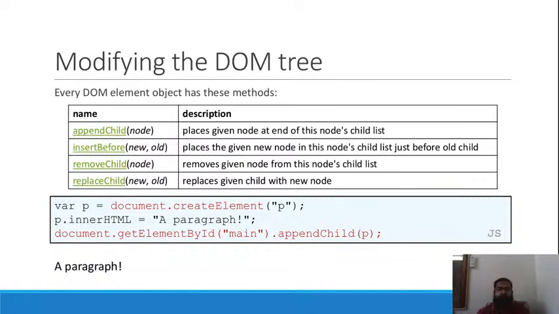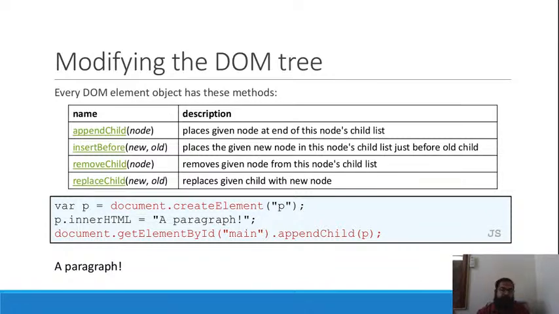So you have then insert before, remove child, replace child. Insert before is you pass a new node and an old node, so it places the given new node in this node's child list just before the old child. And you can remove a particular node by using remove child, or replace a child with a new node.